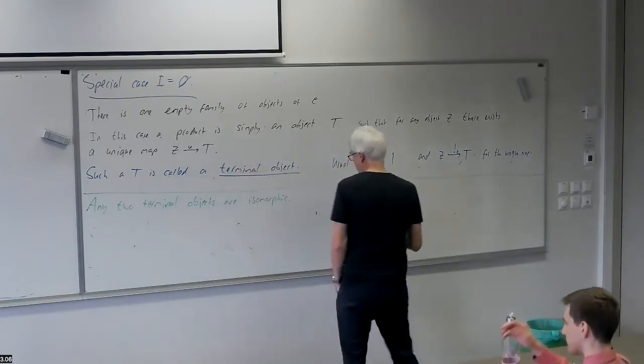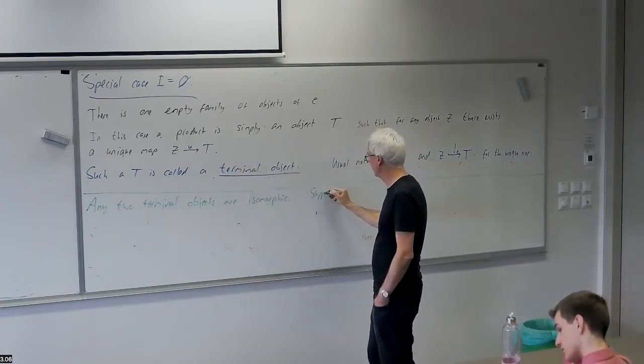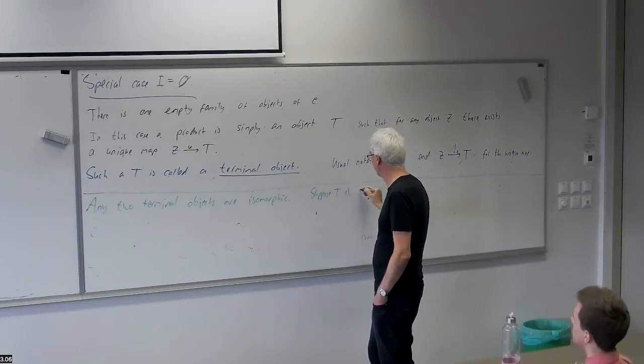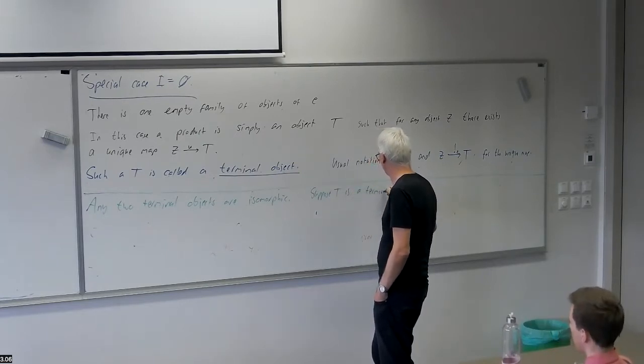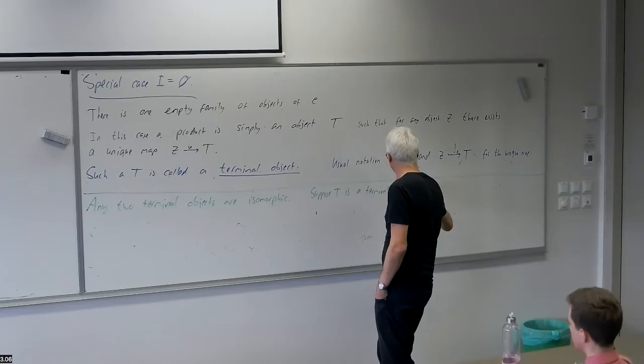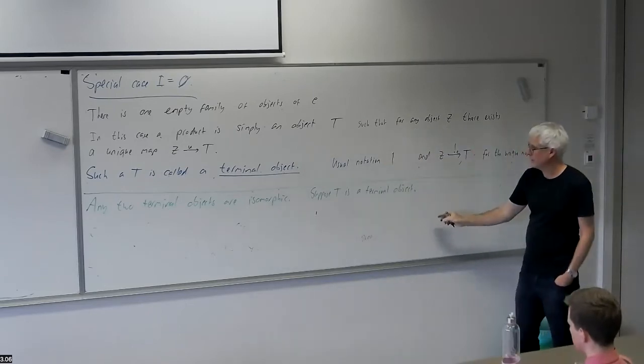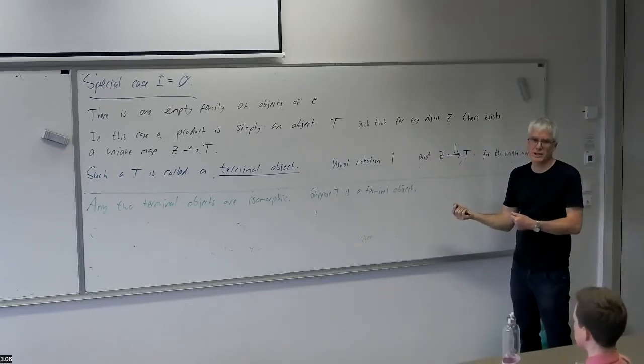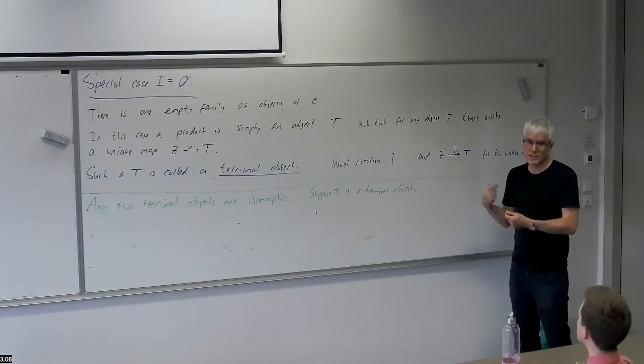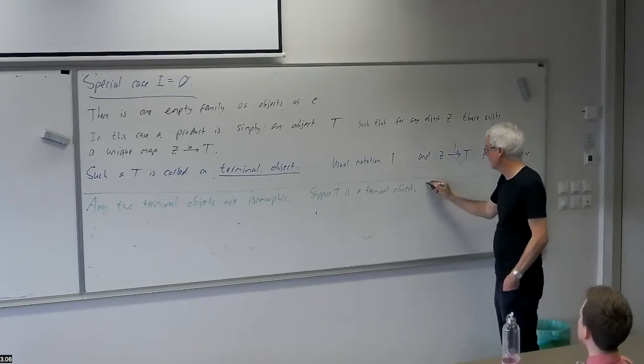So suppose T is a terminal object. Then there's a unique map into it from any object. So there's a unique map into it from itself. So the only map from T to itself is the identity.